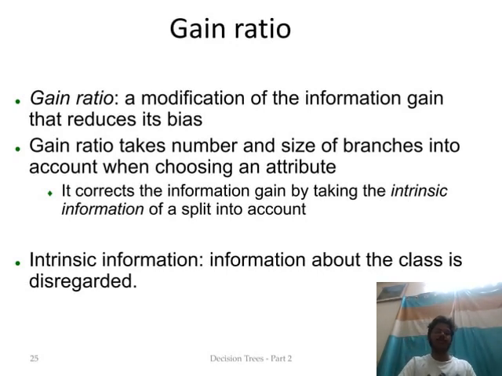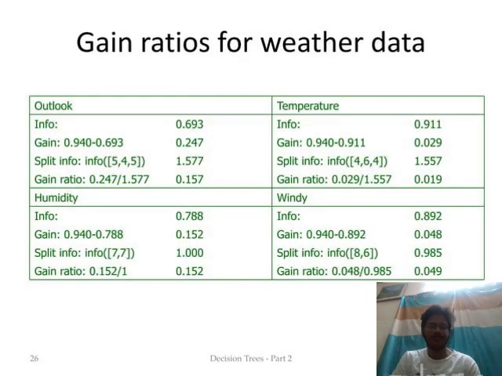Intrinsic information about the class is disregarded. And these are some gain ratios which we have seen in the above example. So this is all about the gain ratio of weather data.